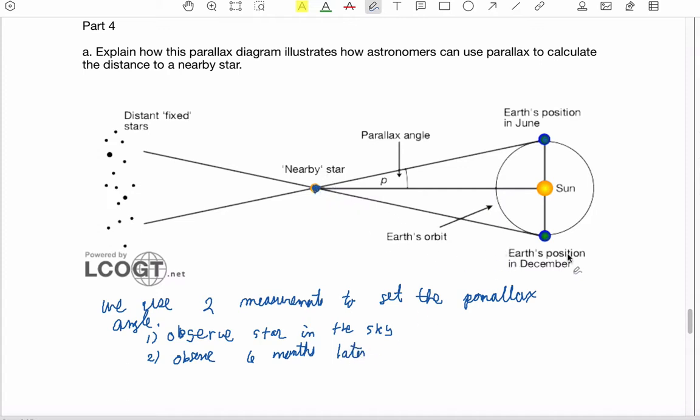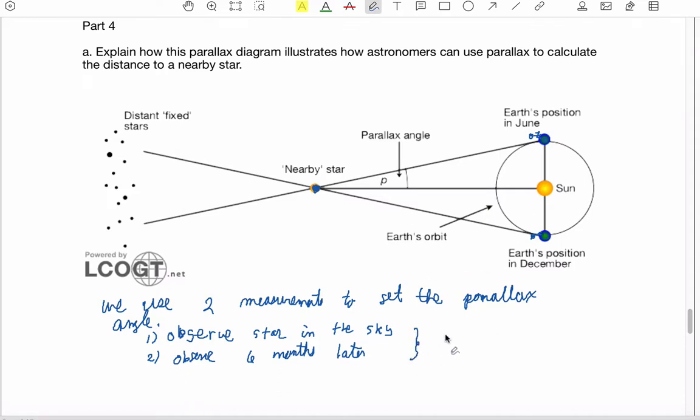And what we'll notice is that it seems to shift. So here, if I'm standing right here, it looks like it's to my left. And if I stand here, the star hasn't changed, but it looks like now it's more to my right when I look at it from this vantage point.